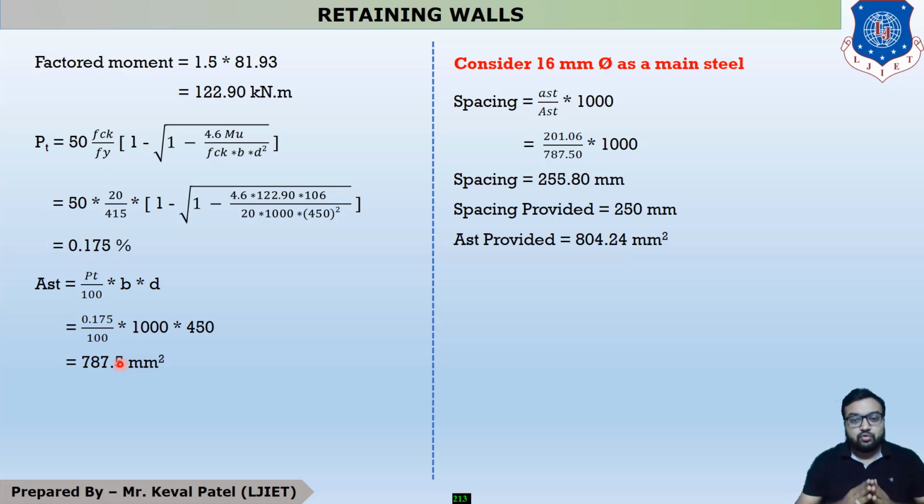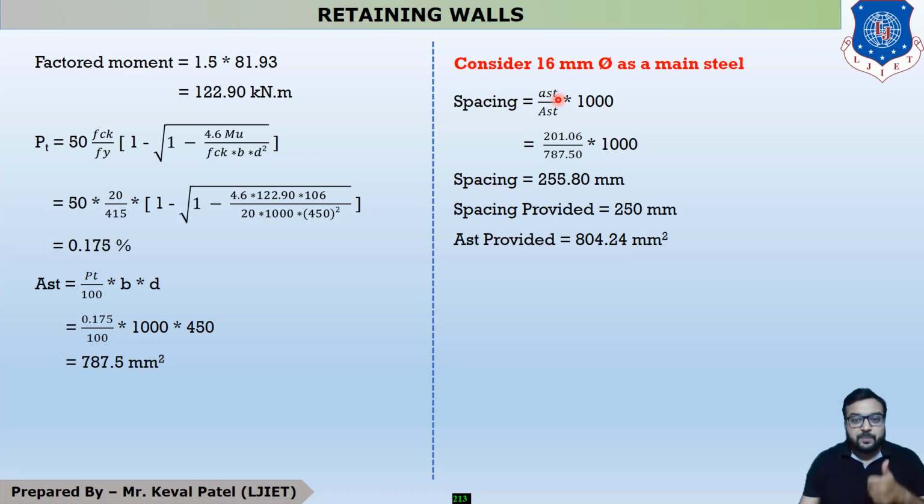Now we have to provide 16 mm diameter bars as main reinforcement steel bars. So we have to find out spacing. Our spacing equation is small ast divided by capital AST, into 1000. What is small ast?